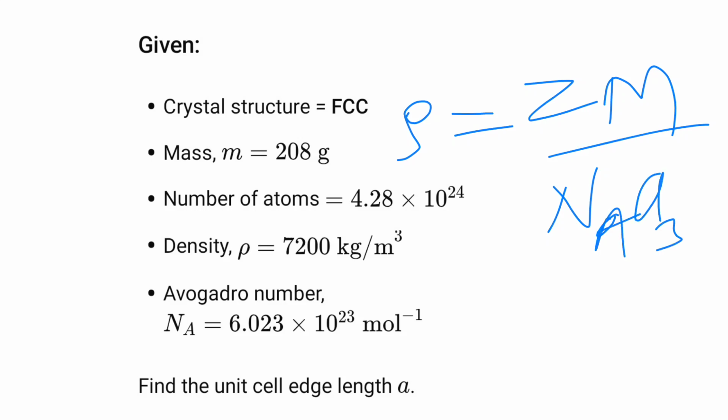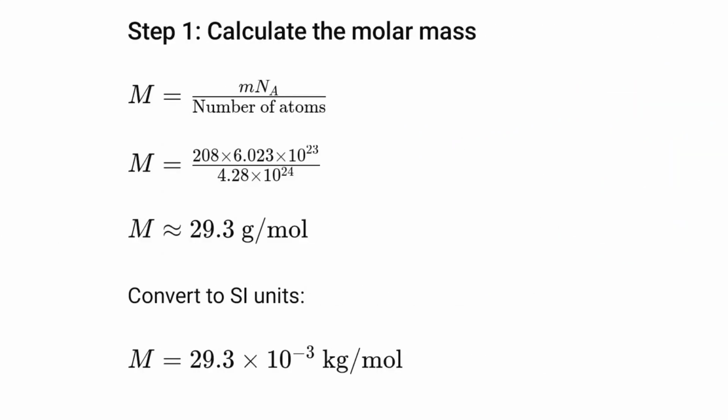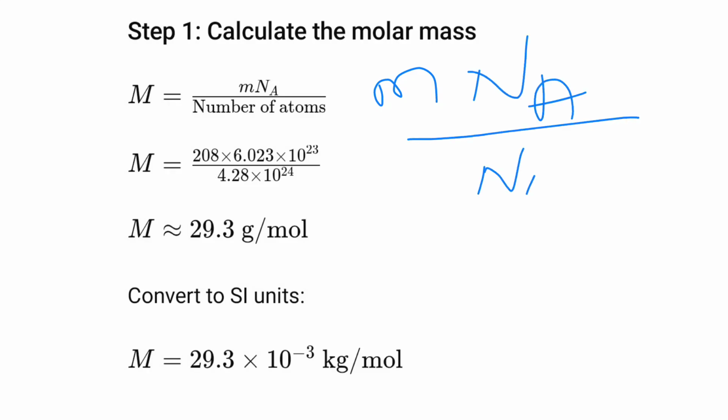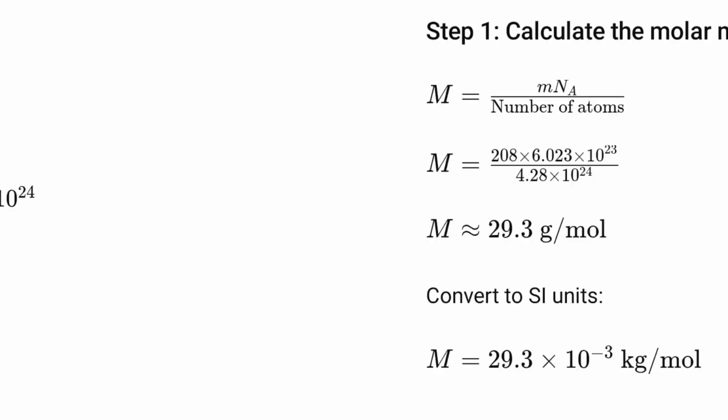We don't know M, so we find the molar mass: M equal to mass into Avogadro number divided by number of atoms, that is 208 into Avogadro number divided by 4.28 into 10 raised to 24 atoms.